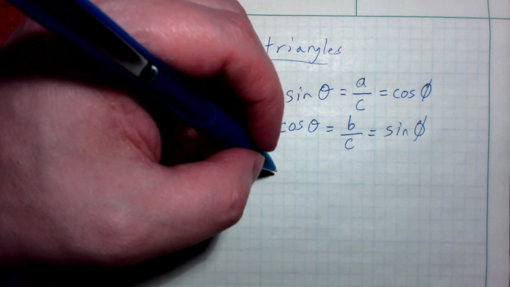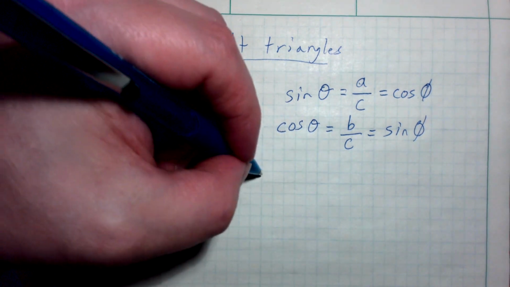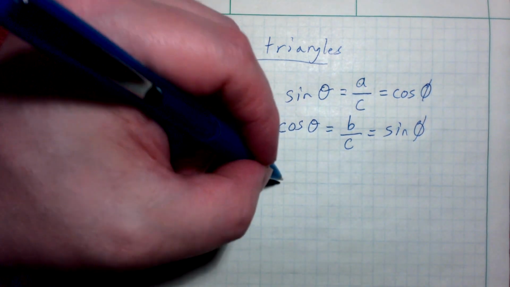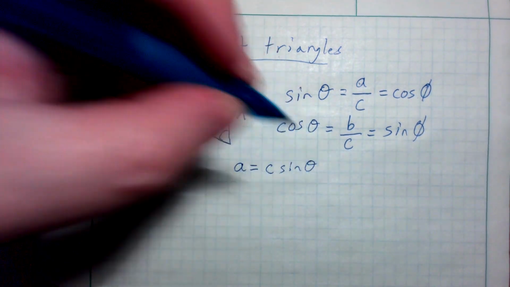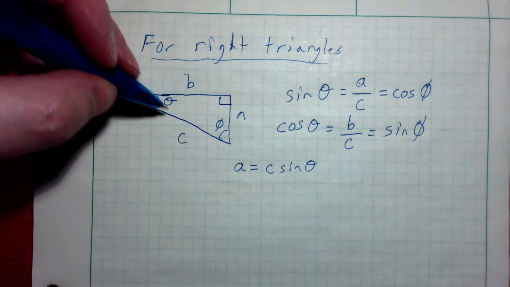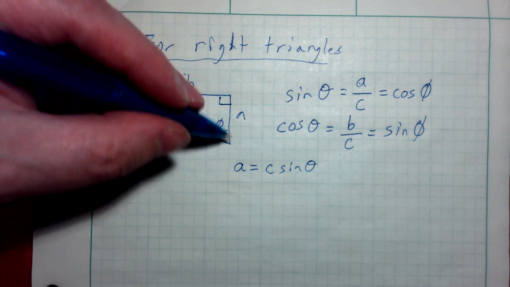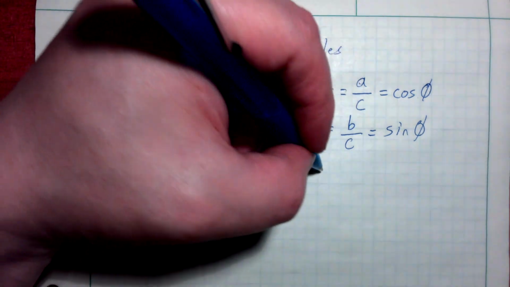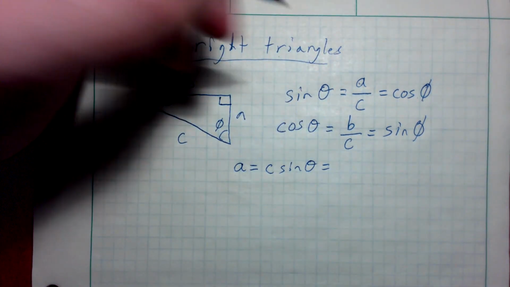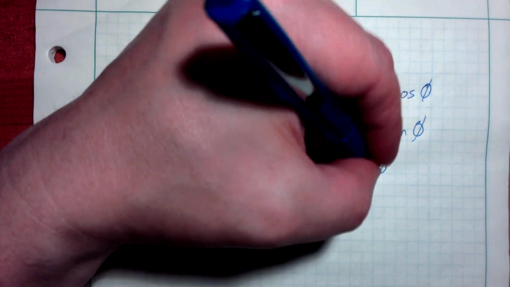Some other things to know here. If I know the hypotenuse, I could say c times the sine of theta. That's going to give me a. In this case, this would be the y component of this triangle, so to speak. If I'm saying b is the x and a is the y component, then the y component would be c sine theta, and it would also be c cosine of phi.